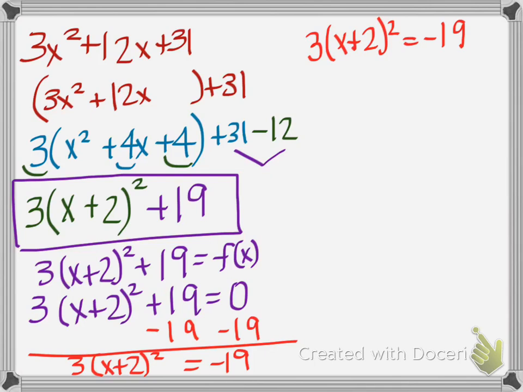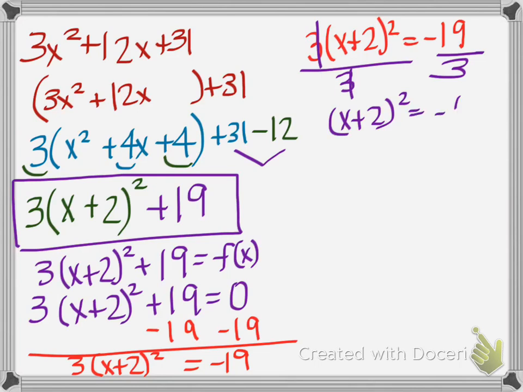So it's being multiplied, so the opposite of multiplying by 3 is to divide by 3. 3 divided by 3 gives us 1. So we're left with x plus 2 quantity squared is equal to negative 19 divided by 3. When we divide that, we end up with negative 6.33333. So we're going to put a repeat bar over the 3.